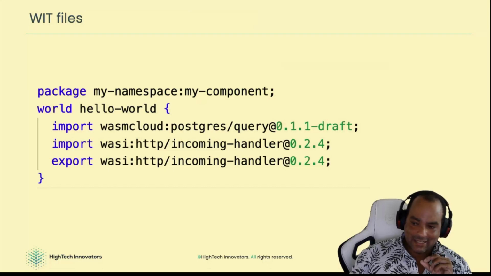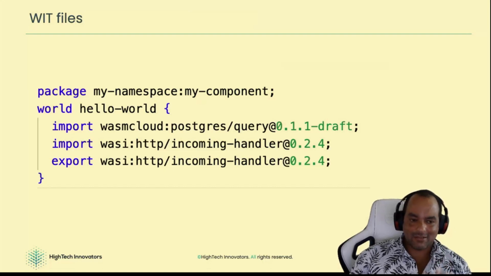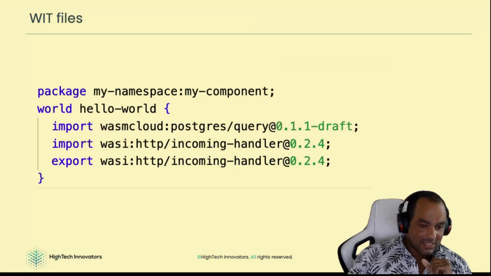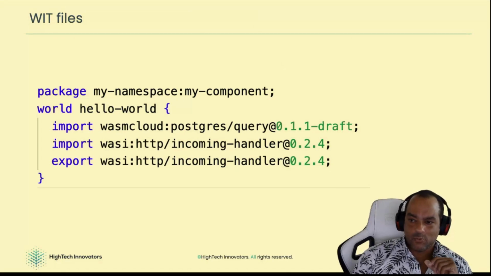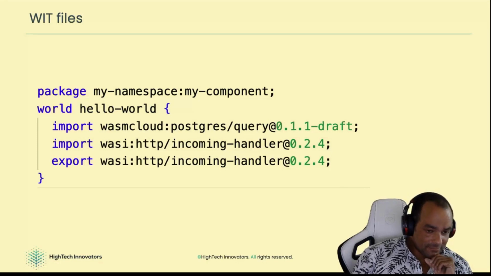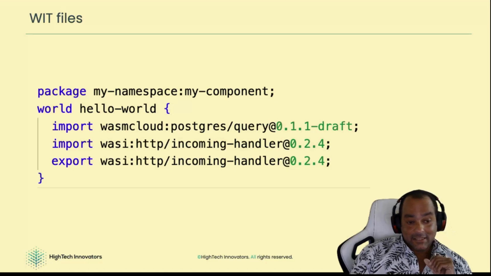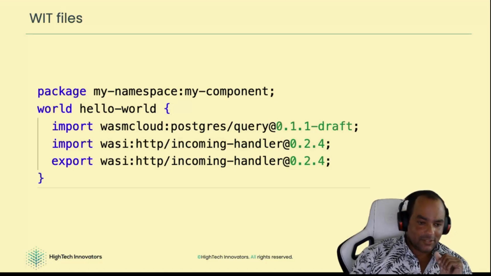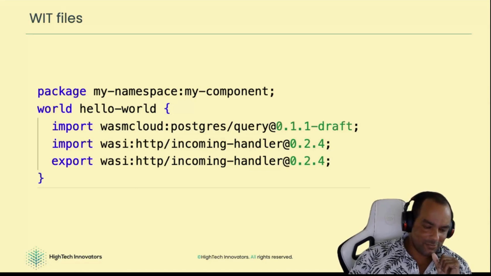And that's sort of a manifest that you attach to every component. So here you see, for example, the world, that means the component in itself. And you see two imports, so that's the stuff it needs to do its job. So this would be one of those services we were looking at.